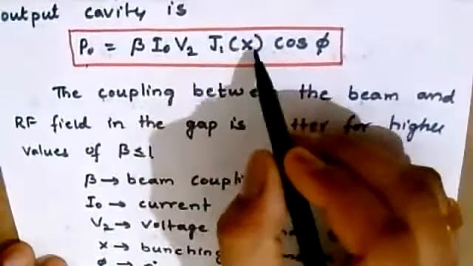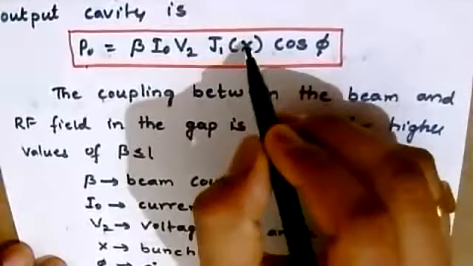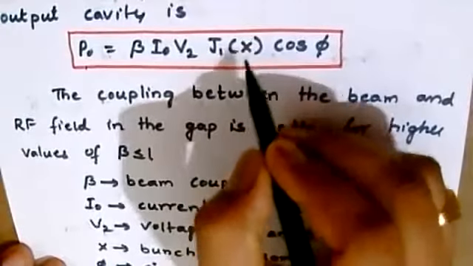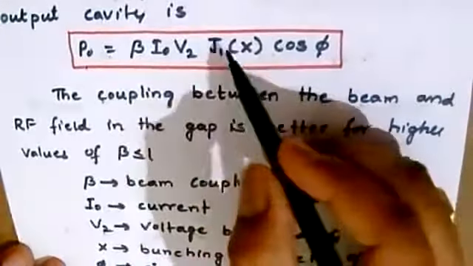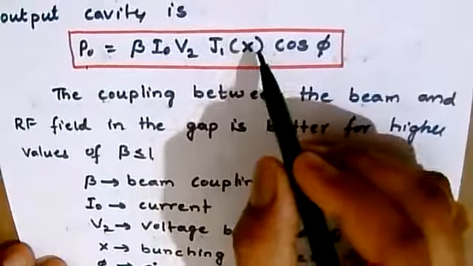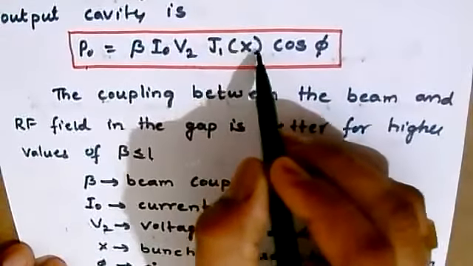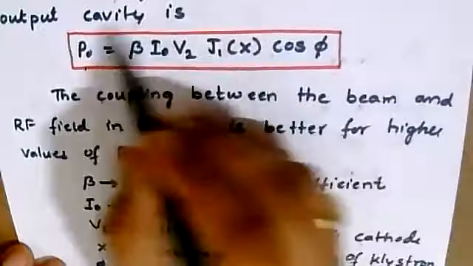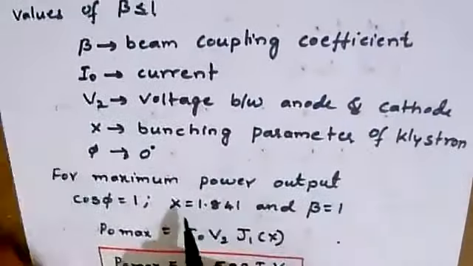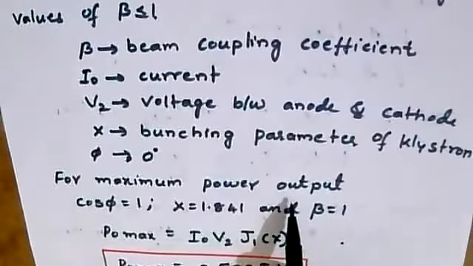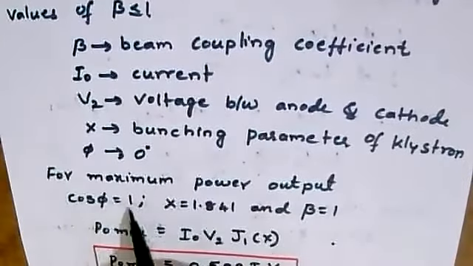The output power delivered will be maximum when we take X as 1.84, according to the particular graph. So at 1.84, substituting all these, we get the maximum power output. That's what I have written here. So power will be maximum when cos phi is equal to 1.